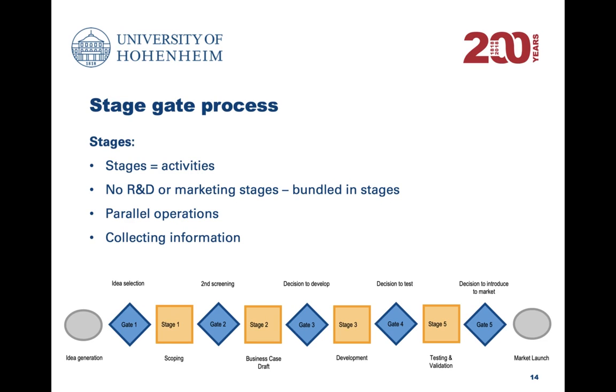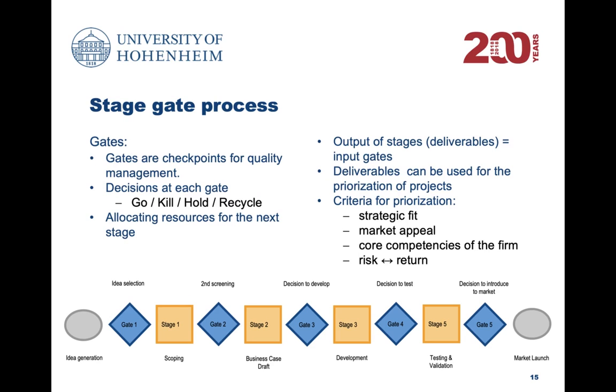And a main part of the activities is to develop the product, but also to collect information. The more you progress in the process, the more information, the more reliable information you need. And this information collection is also carried out because in the gates, where they are the checkpoints for quality management and where the decisions are made, you need information.